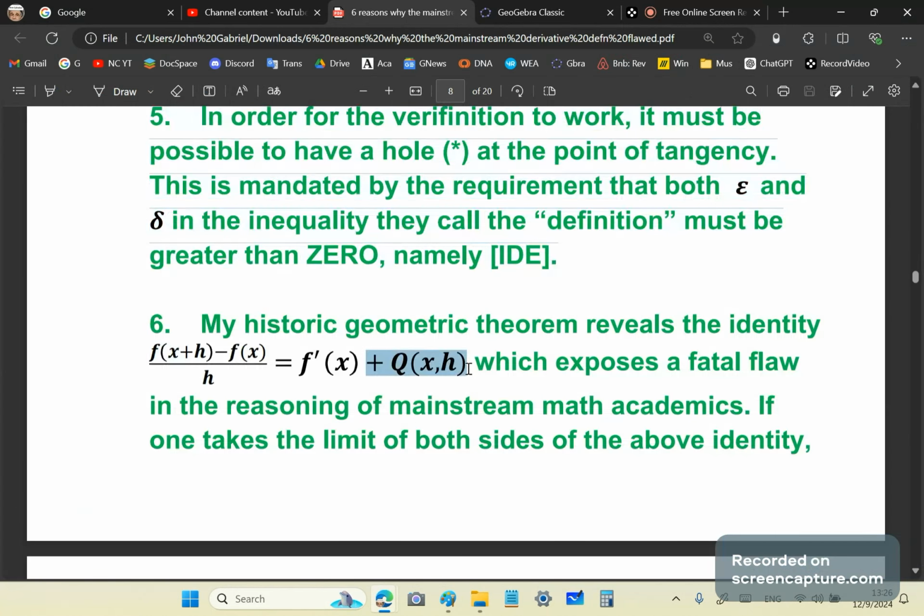So you can't, for example, say that goes to 0. It doesn't go to 0 because this here is an equality. Okay, they're all constants. This first part is the slope of a non-parallel secant line.